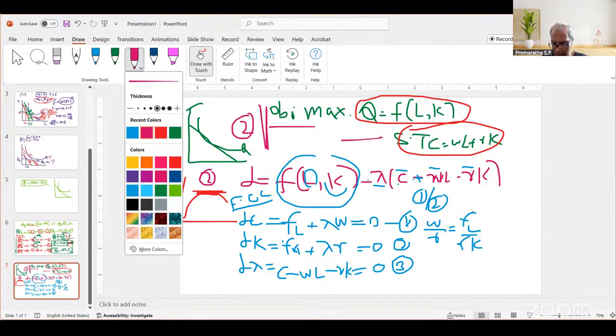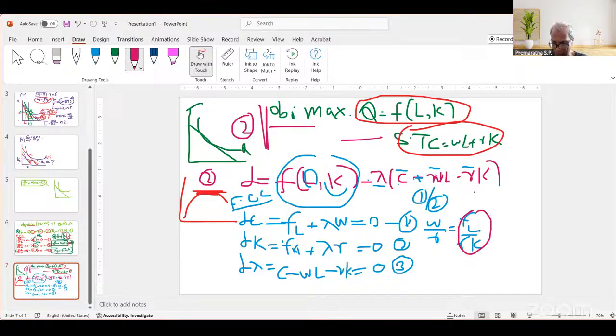So this is the MRTS condition, the direct method we start with, W over R, and this is point 3.